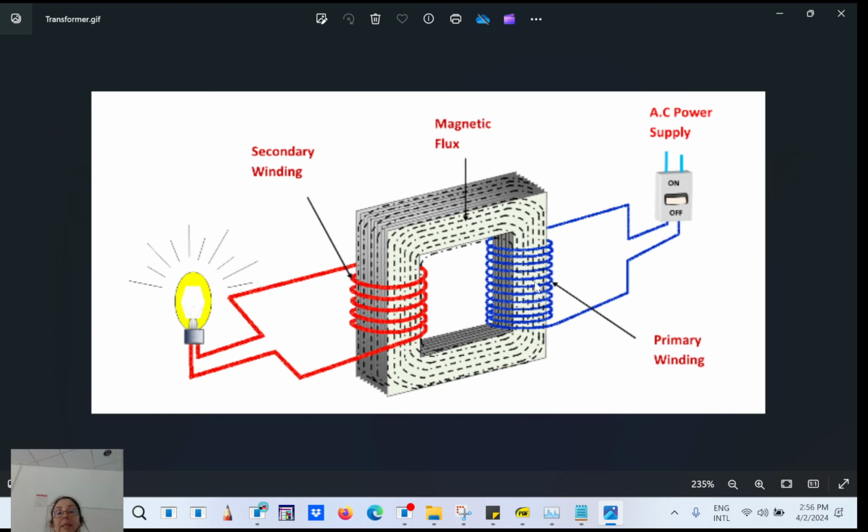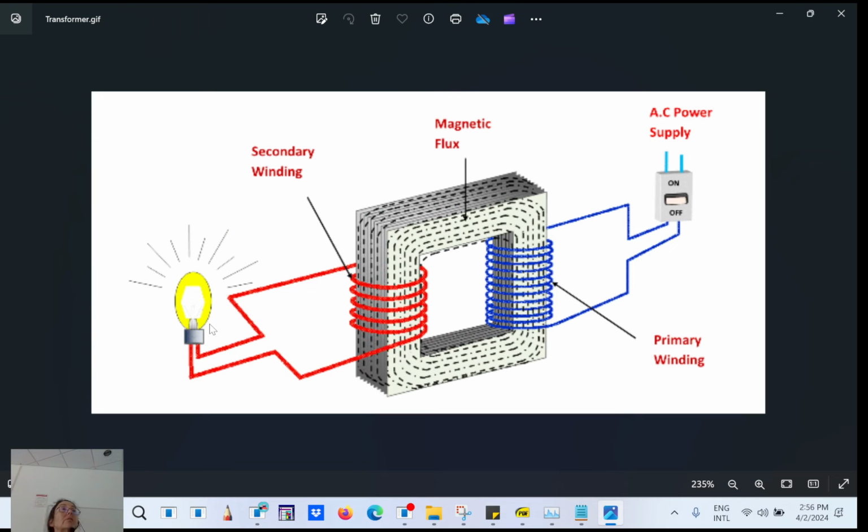So the magnetic field is going to expand and then collapse, expand in the other direction, and then collapse, and so forth. On the other side, you have another circuit with no power supply, just the load. You see those magnetic field lines that expand, collapse, expand, collapse, poke through this area.